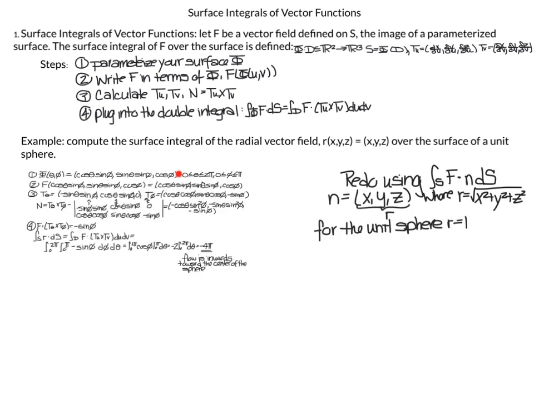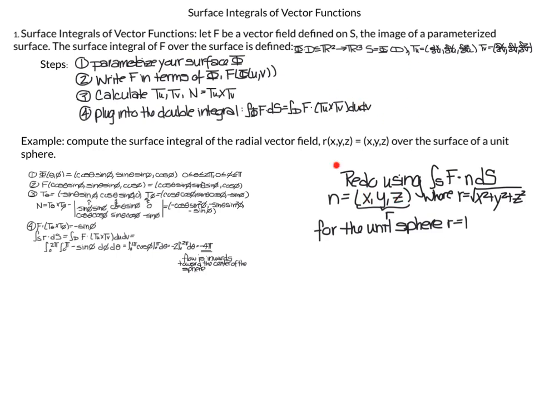I shrank all these calculations down and put them here for reference, because what I wanted to do next was to redo this problem using the normal form of the formula. And if you recall, the time that I feel this is helpful is when the normal is something obvious. So in this case, for a sphere, the normal is pointing outwards.